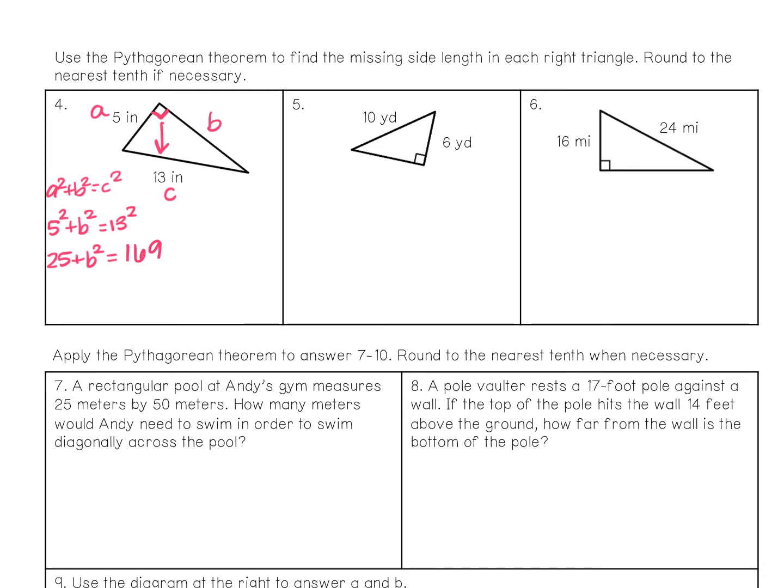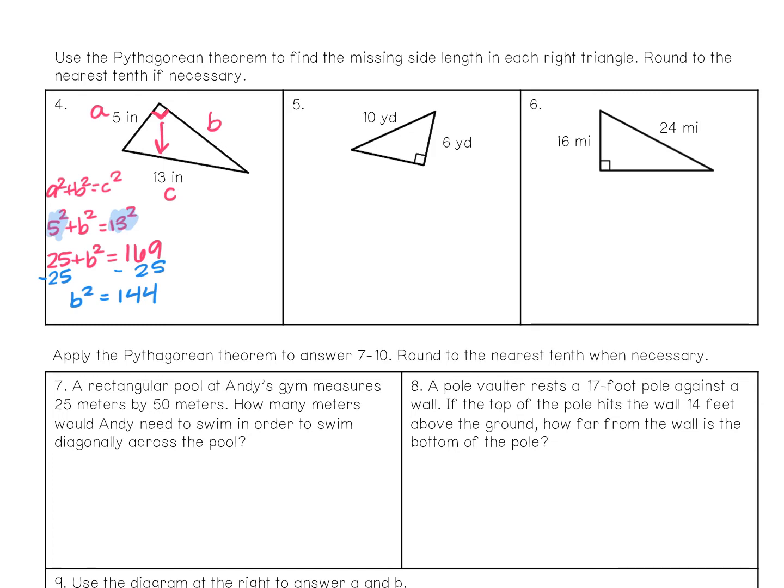Now, I have to solve this just like I would solve a regular equation. I'm solving for B, which means that I have to move everything to the other side. To do that, I'm going to subtract 25, and I get B squared equals 144. So essentially what I did was I took C squared and subtracted A squared.